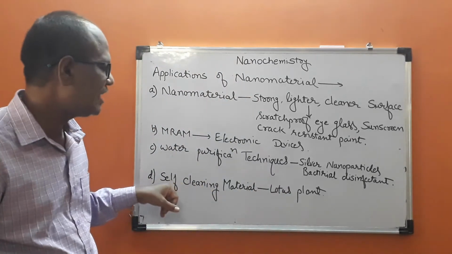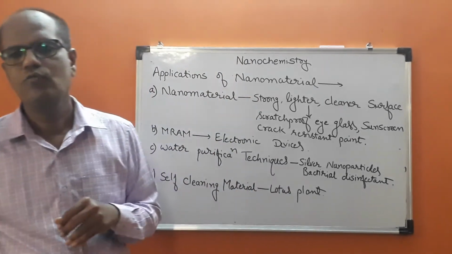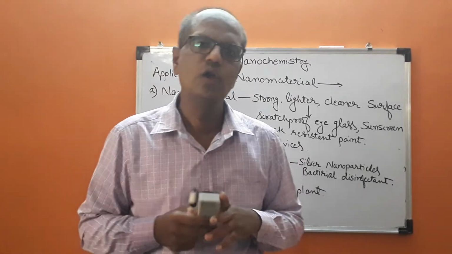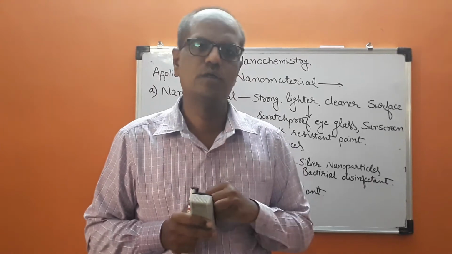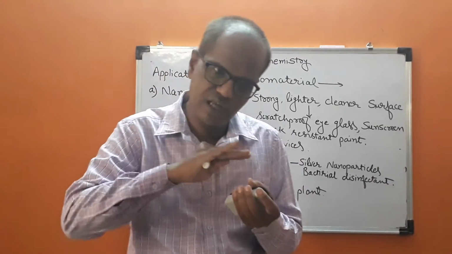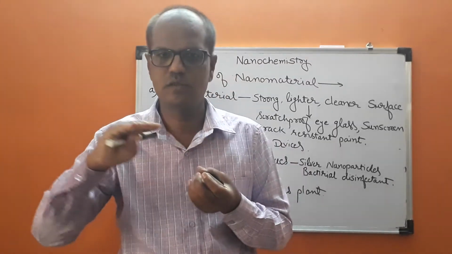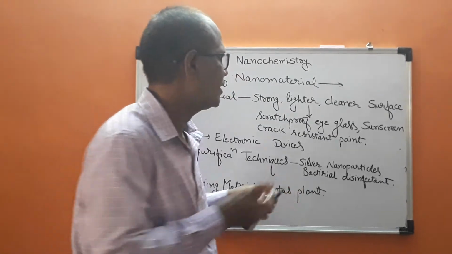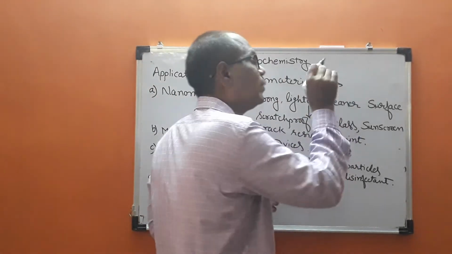Next is self-cleaning material. For this, let me consider the lotus plant. As you know, the lotus plant grows in muddy water, but the surface of the lotus leaves is hydrophobic. Let me write it here. It is in fact super hydrophobic.